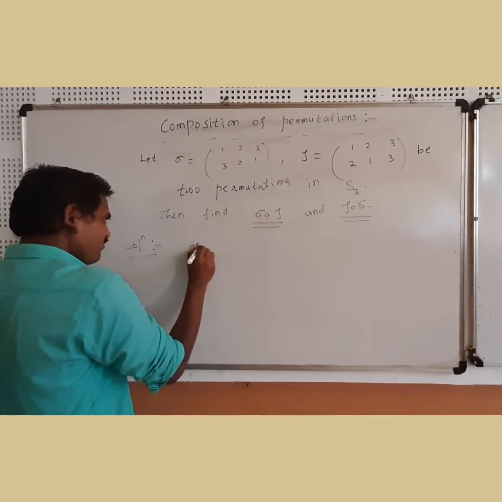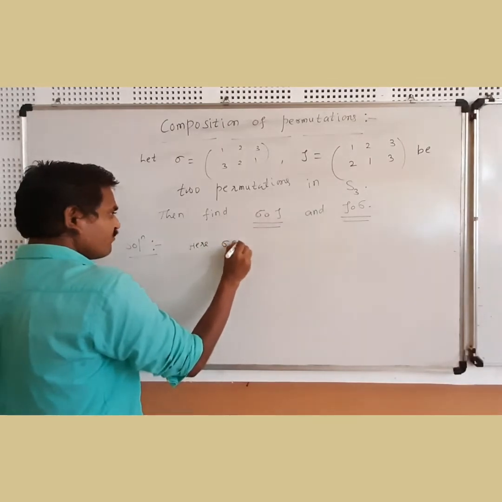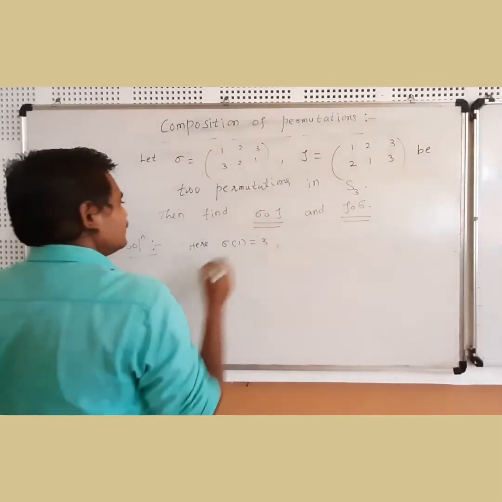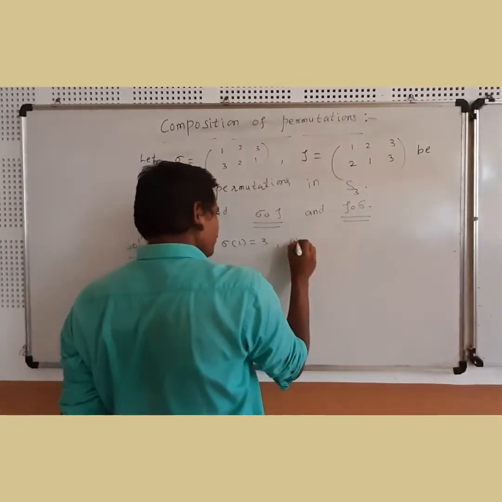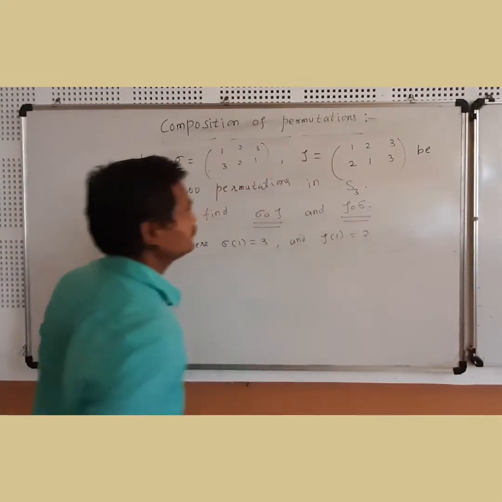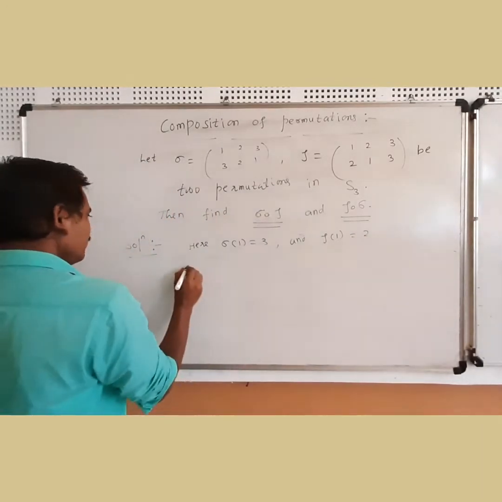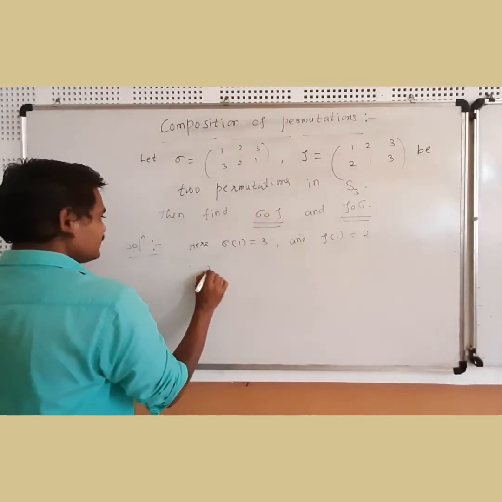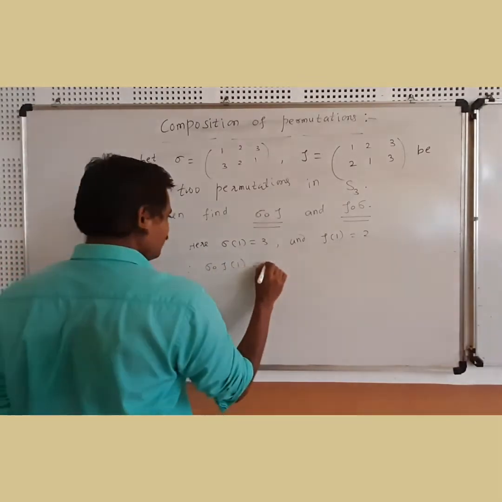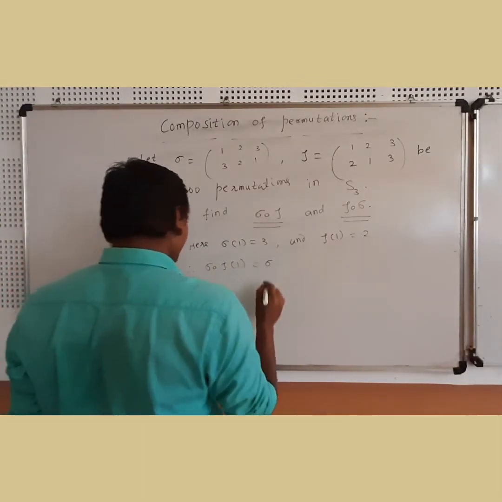Here sigma of 1 is 3, and tau of 1 is 2. Therefore, sigma circle tau of 1, how is this composition defined?